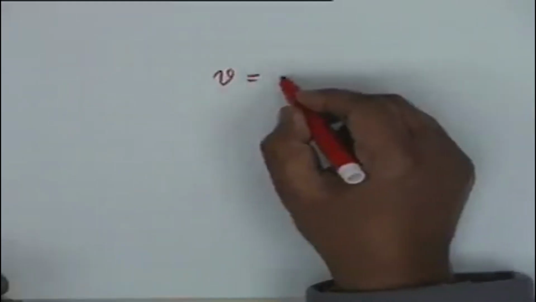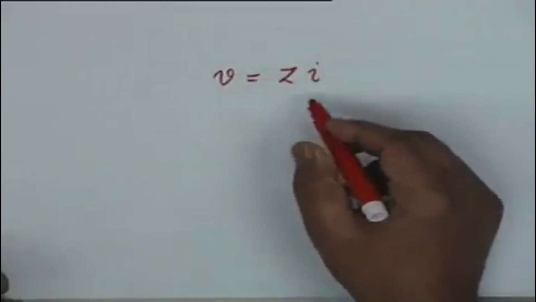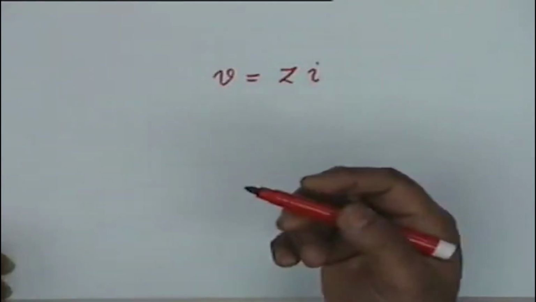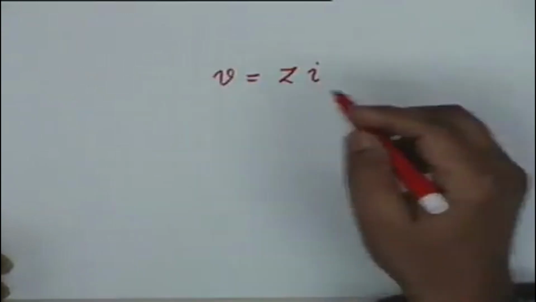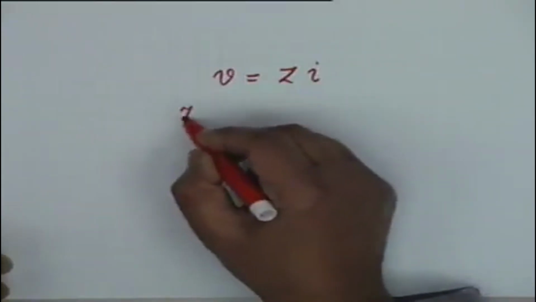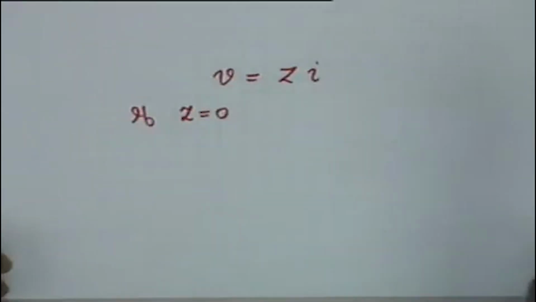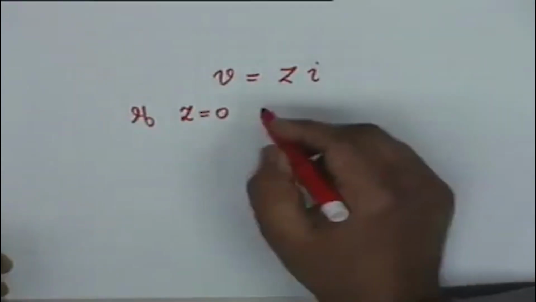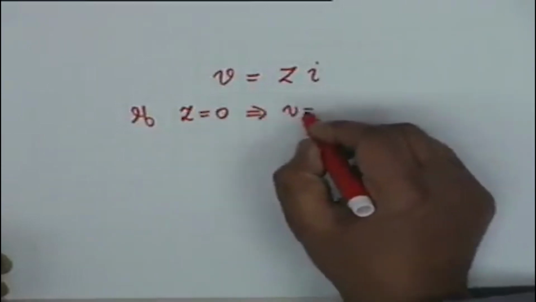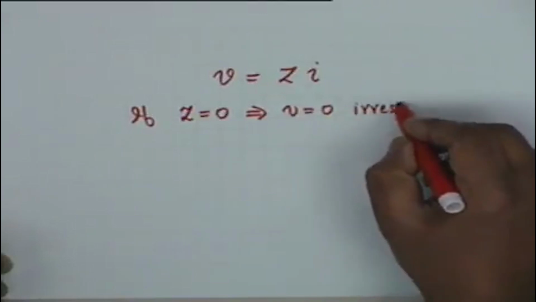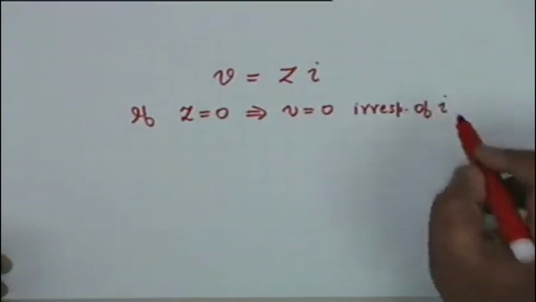You see, V equals Z i, provided V or I is exponential. All right, this is the definition. Now you notice that if Z equals 0 at some value of S, then V equals 0 irrespective of I. Isn't that right?